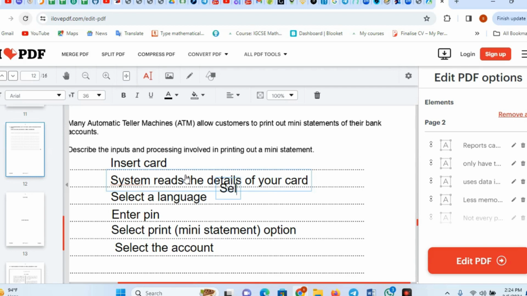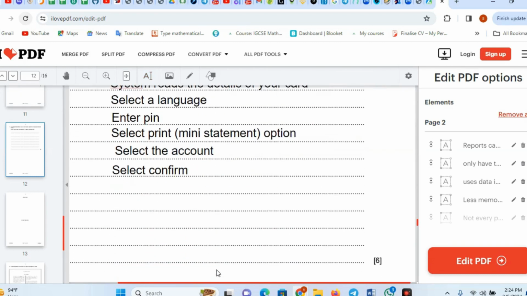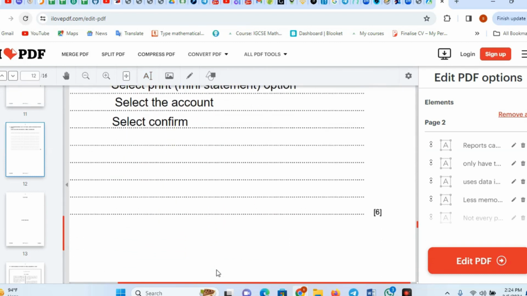We've been able to answer what we are to do during the input. Then we will look at the processes involved in processing. You know, there are different things that happen at those different stages.